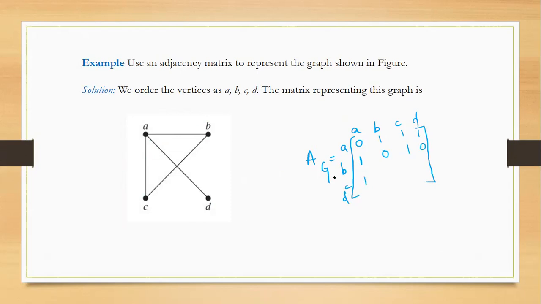There is an edge, 1, CB 1, CC no loop, and CD not connected, 0. Now lastly, DA, yes, there is an edge. Then DB, no edge. DC, also no edge. And D and D, there is no loop on D, so 0. So this is the matrix representing the graph given.